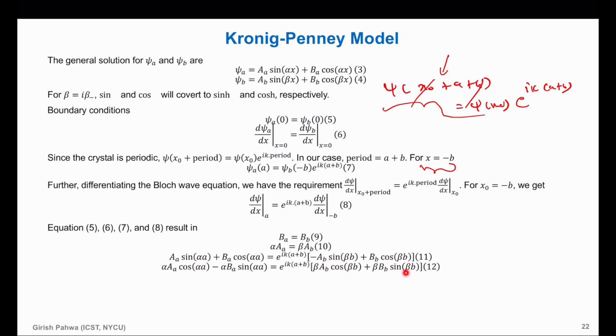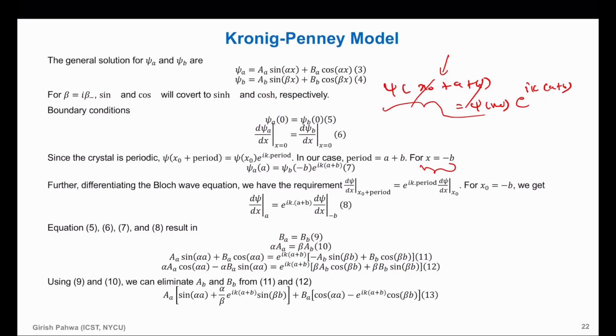Here also you have all the 4, but I can reduce it to 2 by replacing AB and BB in terms of AA and BA. So you get this equation and this equation, 13 and 14. So this 11 and 12 become 13 and 14.